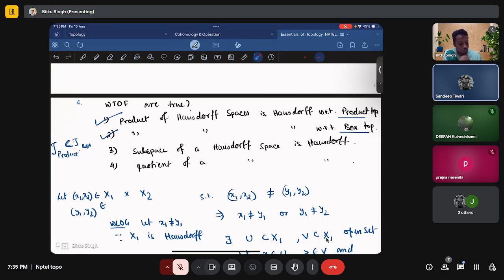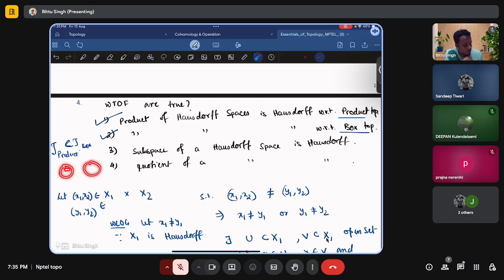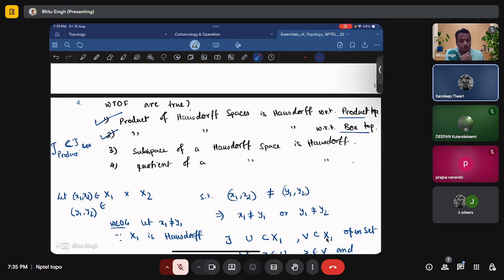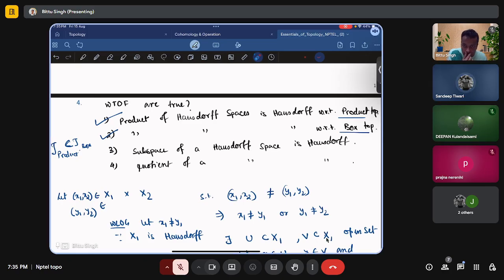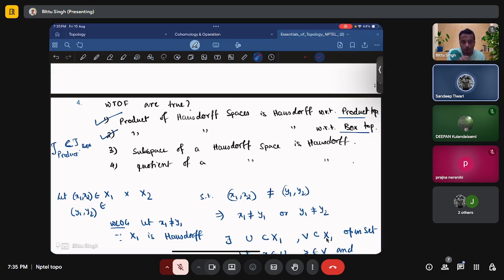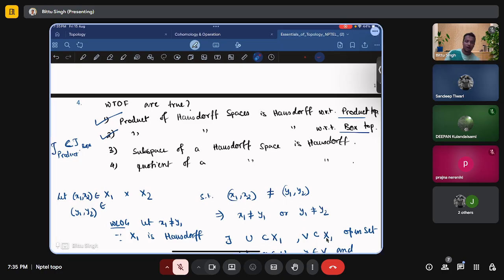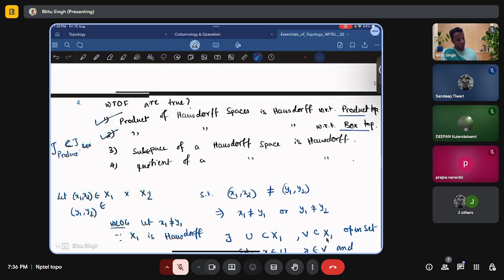Yes, sir. So if we can separate in the product space, then we can also separate in the box topology, because the box topology has more open sets. So this statement is true: if the coarser topology is Hausdorff, then the finer one will be Hausdorff too.